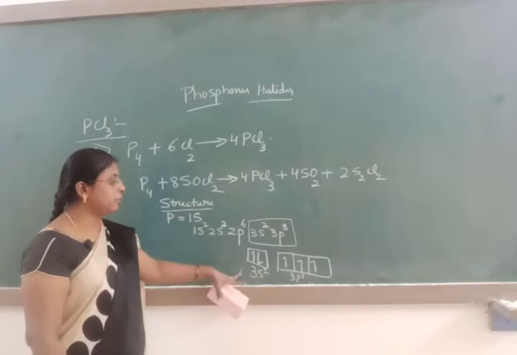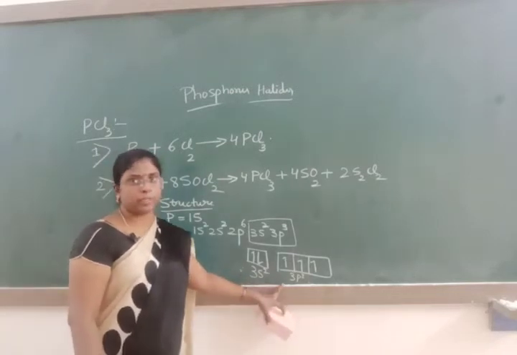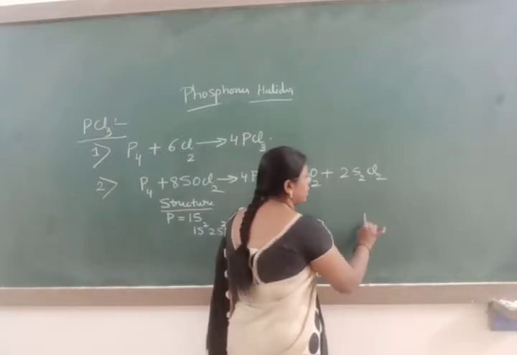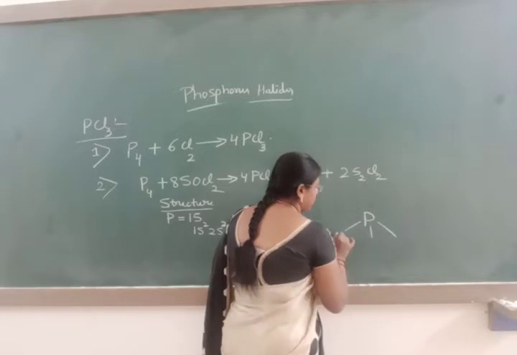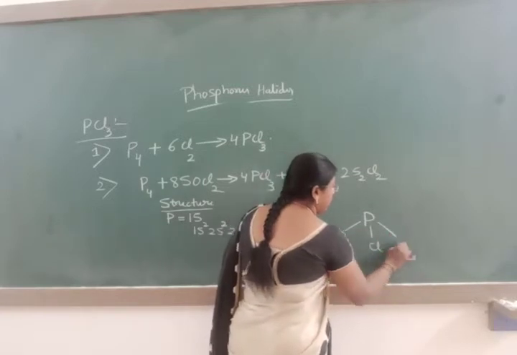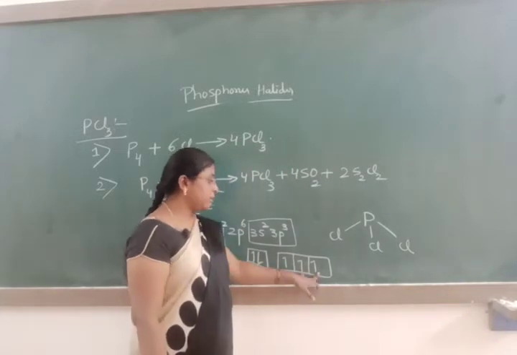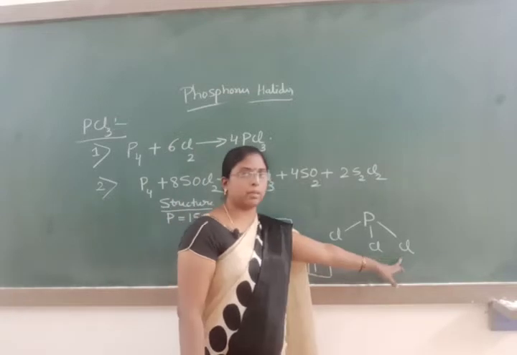Here 3s combines with 3p orbitals to form sp3 hybridization. Phosphorus will form 3 bonds with 3 chlorine atoms. The 3 p electrons are involved to form bonds with 3 chlorine atoms.